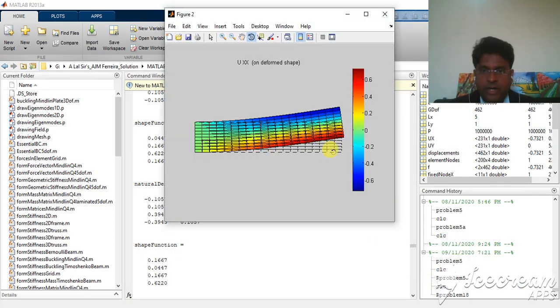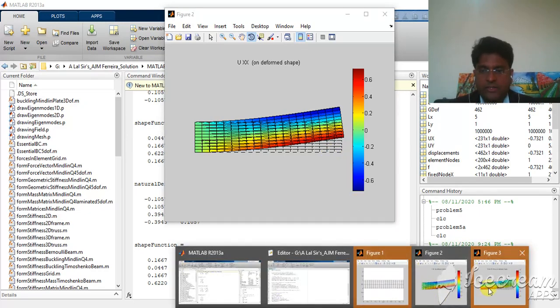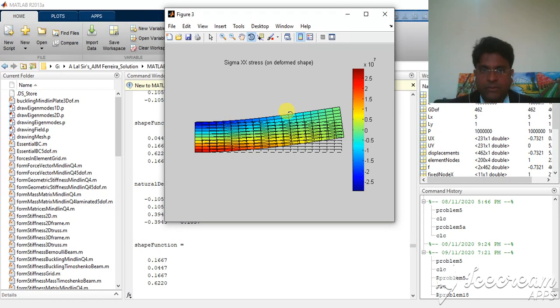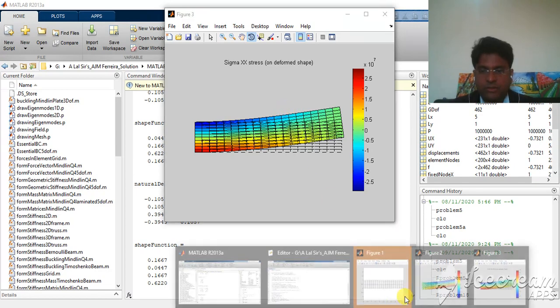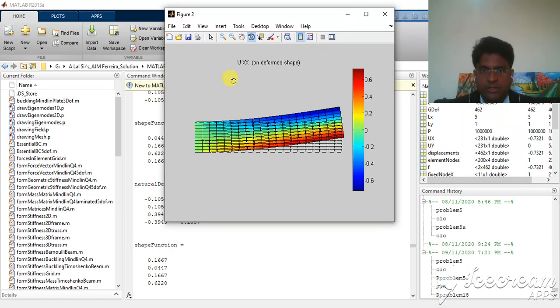This is the deformed and this is the undeformed plot in x direction as well as in y direction. Sigma, the stresses in x direction, and this is the deformed shape. This is the deformed shape in x direction, and this is the deformed shape.